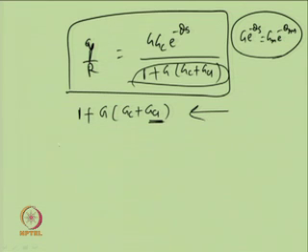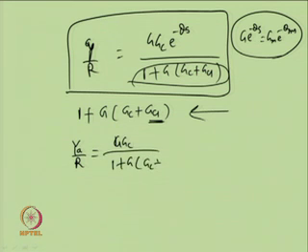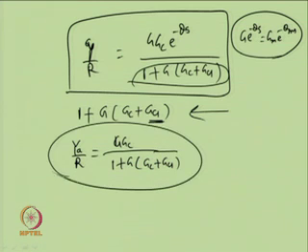The way we get a closed loop transfer function for the series feedback compensation scheme is given as y upon r equal to G G c upon 1 plus G G c plus G c 1. Here also, this is the one we had for the series feedback compensation scheme, where this G has got time delay, we have got terms like G e to the power minus theta s over here.